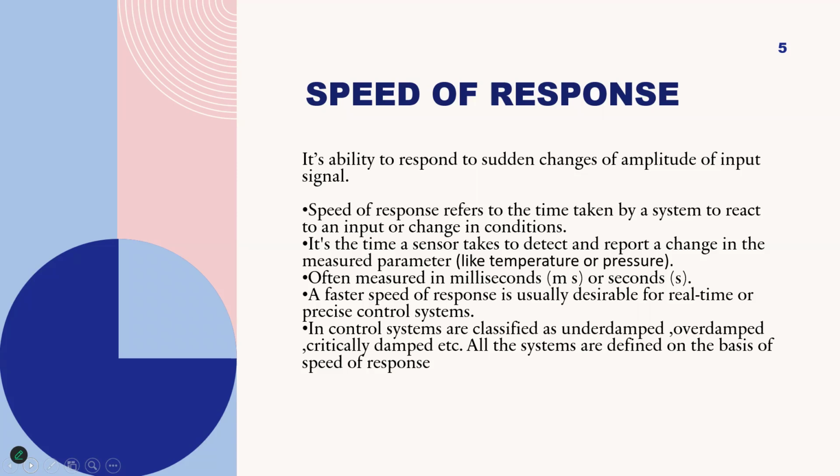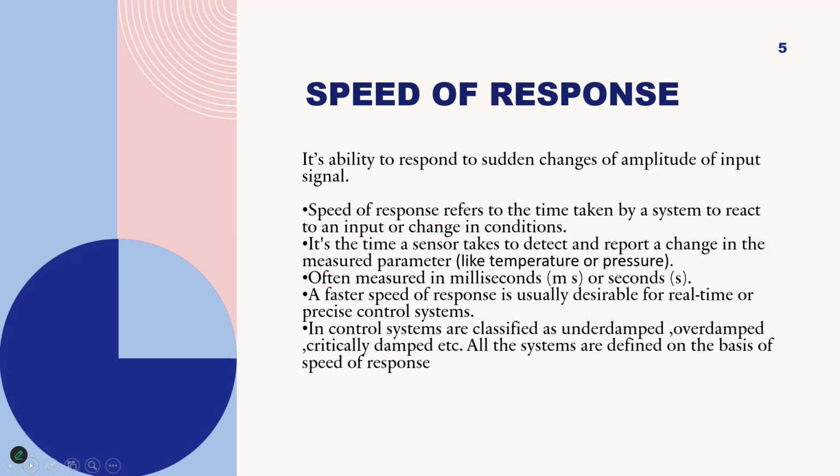So this is the speed of response of the system. It is the time a sensor takes to detect and report a change in a measured parameter like temperature or pressure. Usually speed of response is measured in milliseconds or seconds. A faster speed of response is usually desirable for real-time or precise control systems.